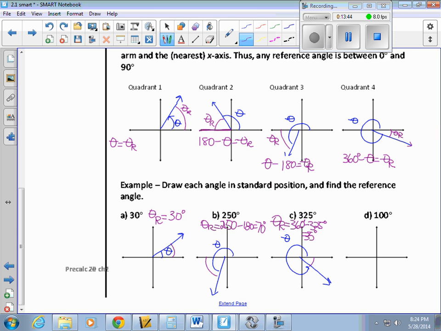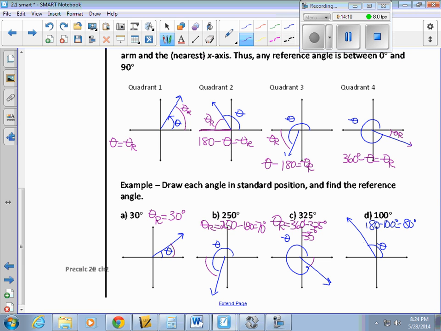D is 100 degrees. So 100 degrees is just past the 90. So there's theta. So that ends up being in quadrant 2. And in quadrant 2, I have to take 180 degrees minus theta to get my reference angle. So that's going to be 80 degrees.